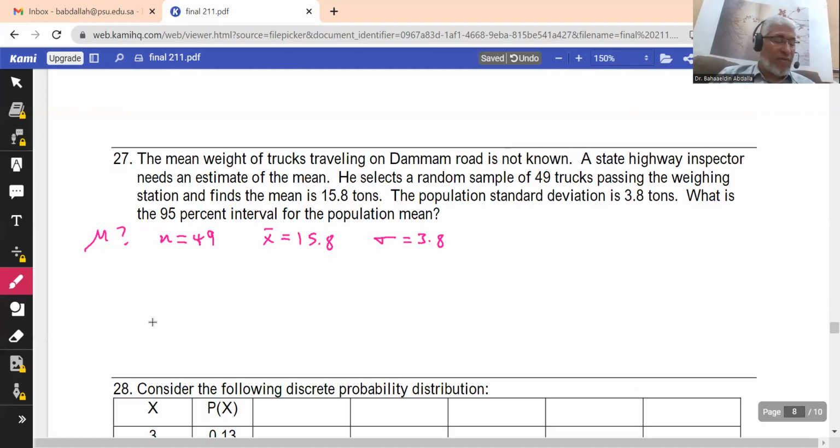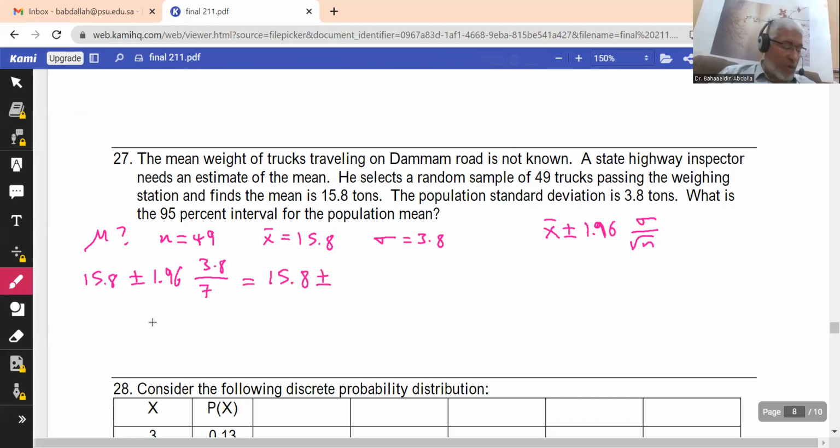We have seen that the definition is x bar plus or minus, for 95%, the number 1.96 from the table, times sigma over square root of n. So 15.8 plus or minus 1.96 times 3.8 over square root of 49, which is 7.